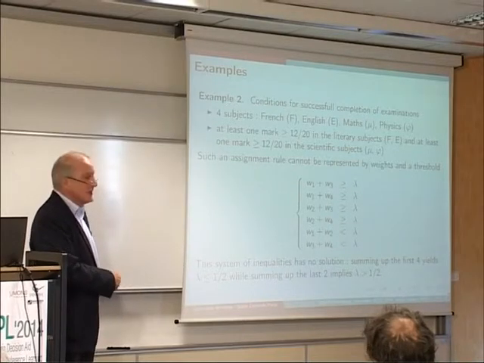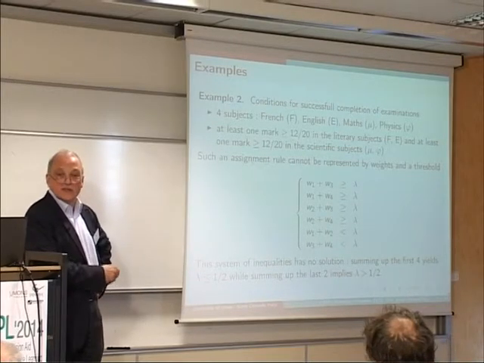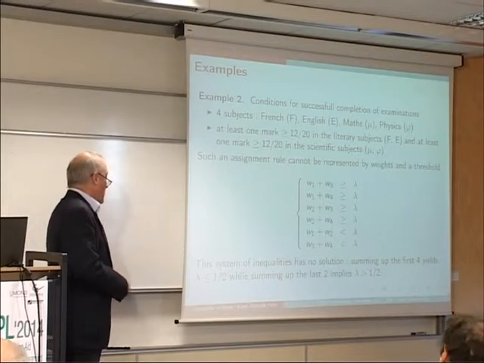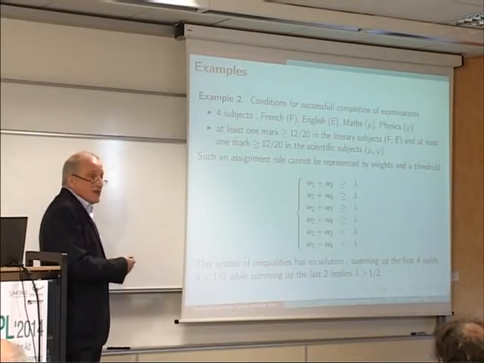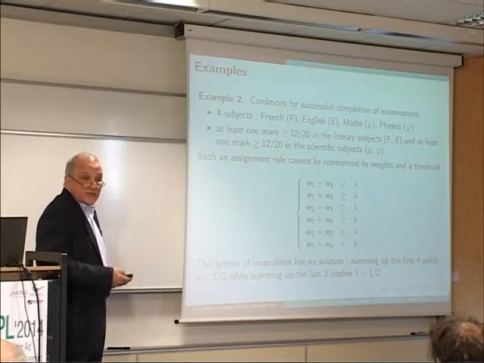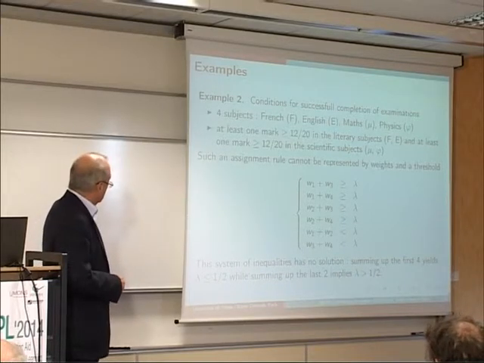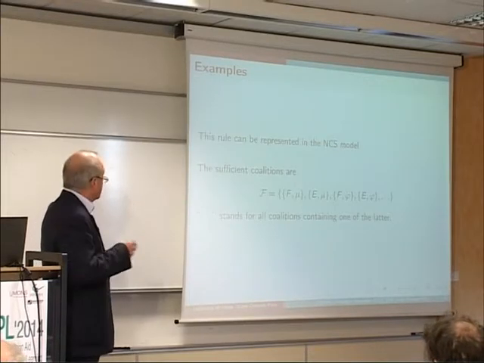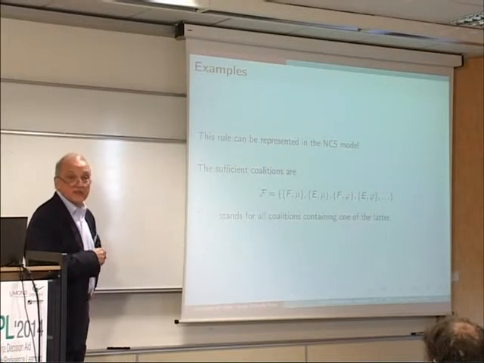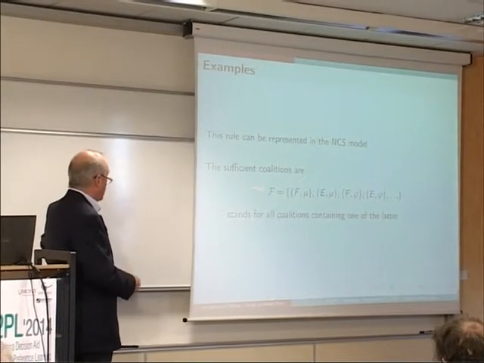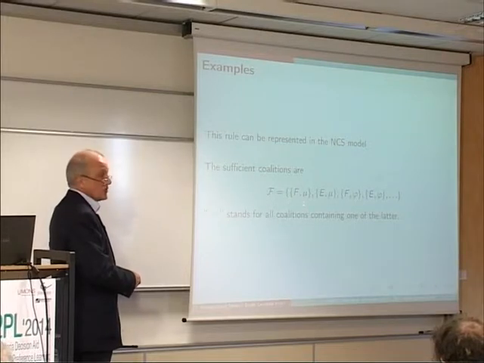And you are bad in mathematics and physics, so it's not enough. So this system of inequalities has no solution, so it's not representable in the MR sort model, but it is representable in the NCS model because the family of sufficient coalitions is the following.